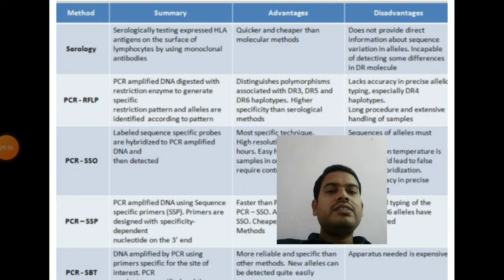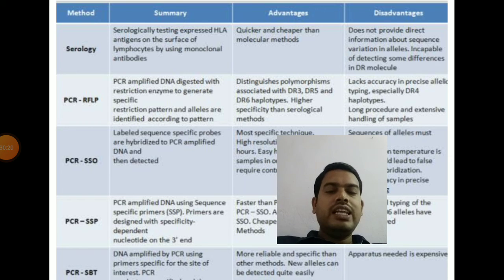The next method is PCR RFLP, restriction fragment length polymorphism, of alleles of the HLA complex. PCR amplified DNA is digested with restriction enzymes to generate specific restriction patterns, and alleles are identified according to the pattern.